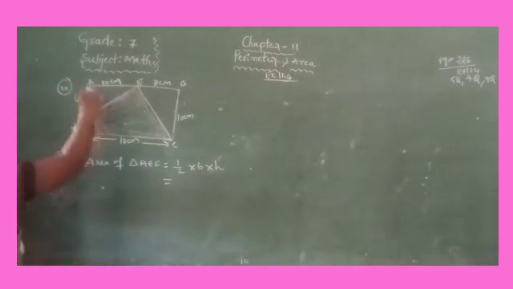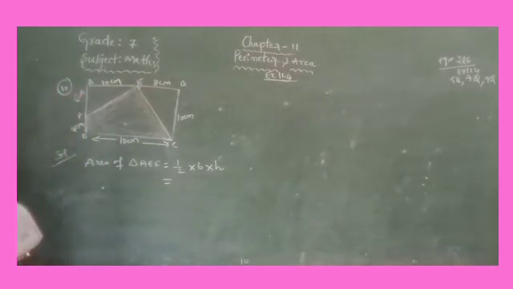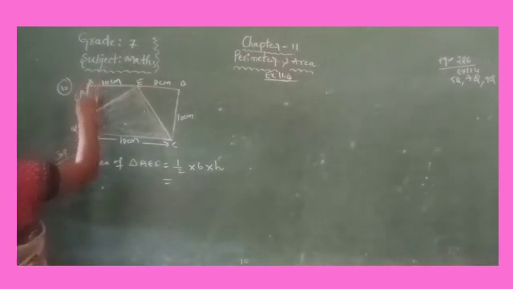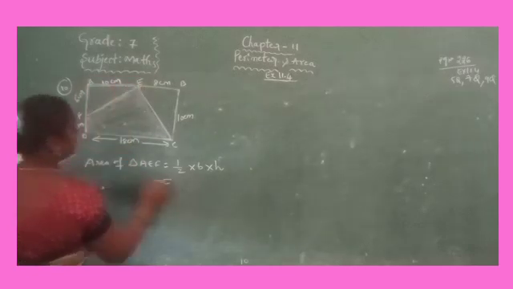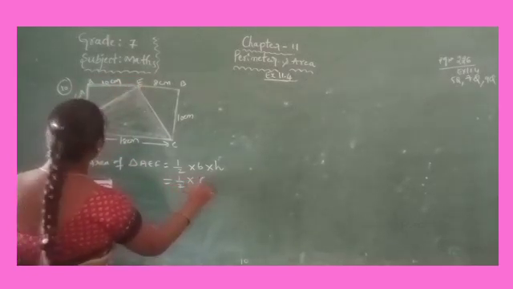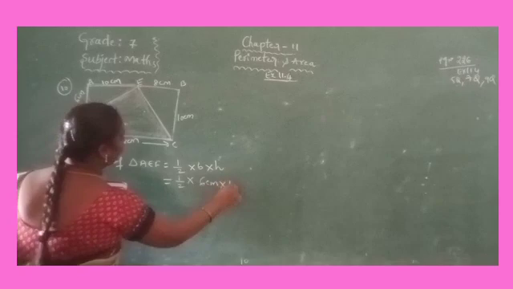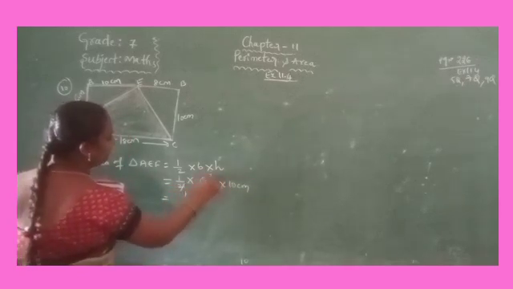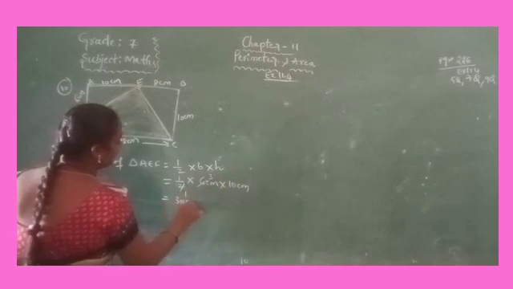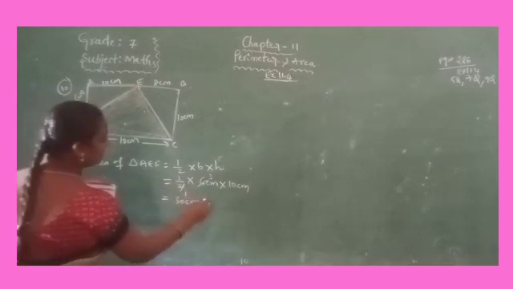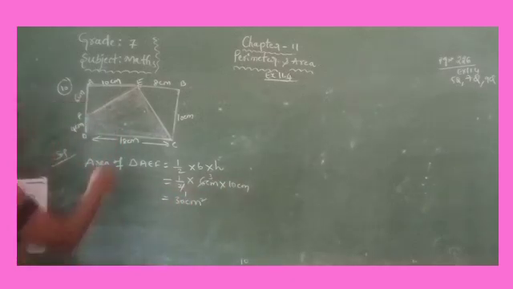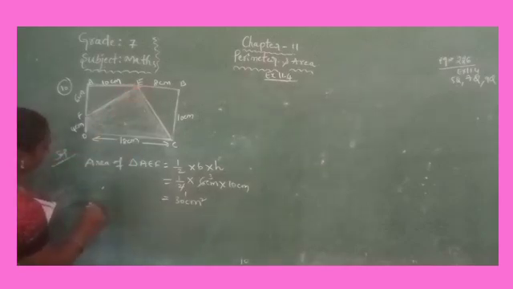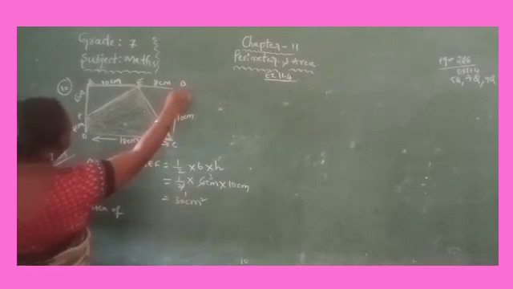Half into base is 6 centimeter, height is 10 centimeters. Two ones are two, two threes, 30 centimeter square.